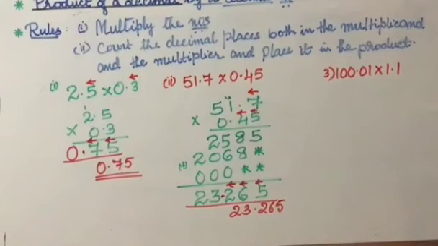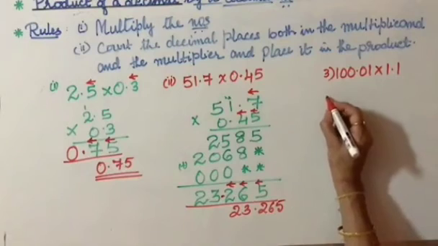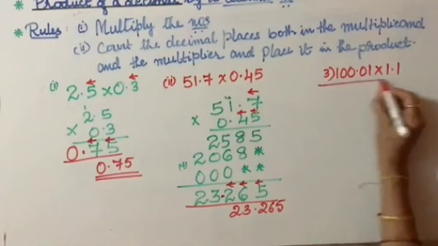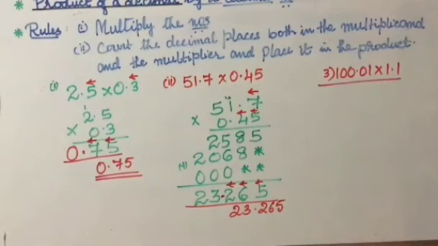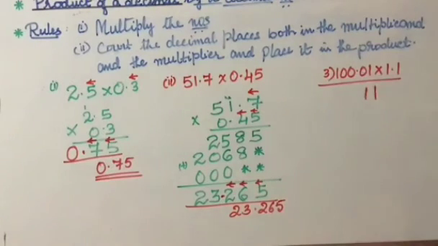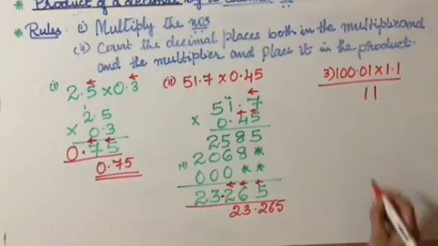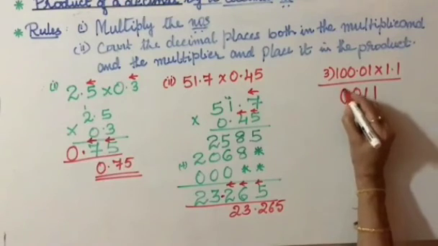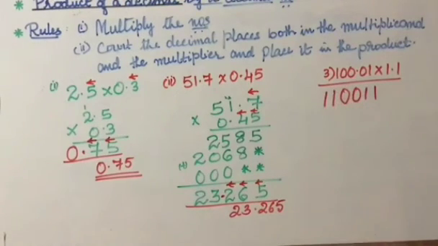Okay. Look at the next one. This is very, very simple. Is it not, children? You are multiplying with nothing but 11. So 11 ones 11, because next one is 0. Then you have 1100, 1100. Again 11 ones 11.